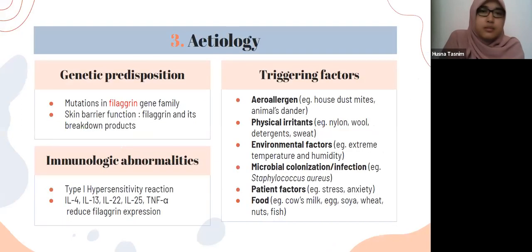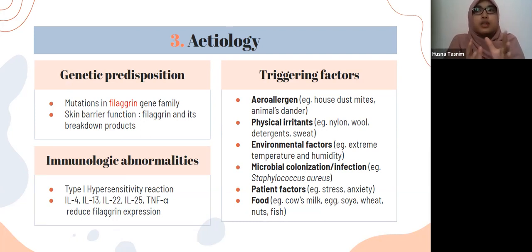For the etiology, it can be divided into 3: the genetic predisposition, the triggering factors, and the immunologic abnormalities. But all of these are interrelated.